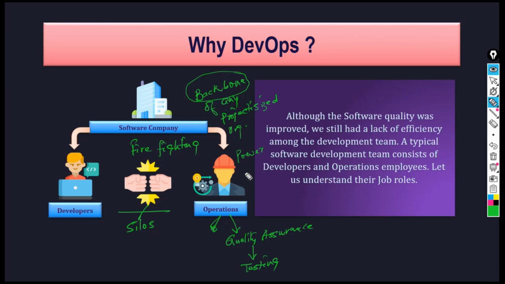So everyone is a bit conscious, not afraid, I mean, they have to deal with this operations guy. These operations guys are very high-handed. They would not listen to you, any of your excuses. Developers are very much prone to giving excuses. They think they are great guys.